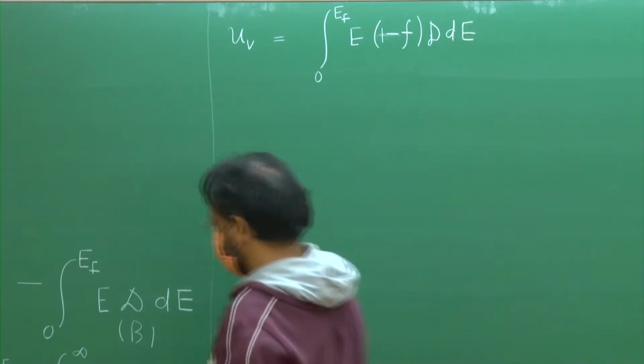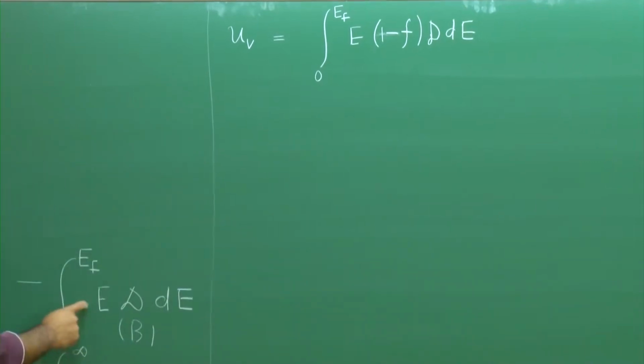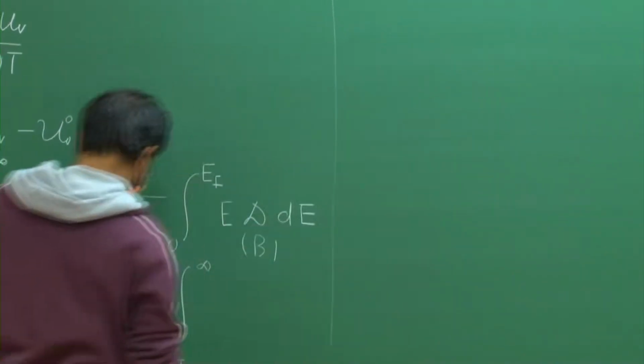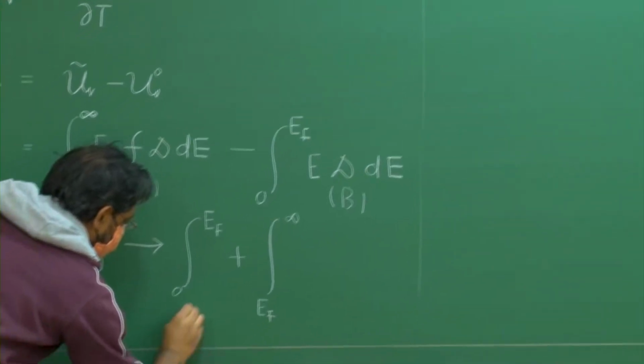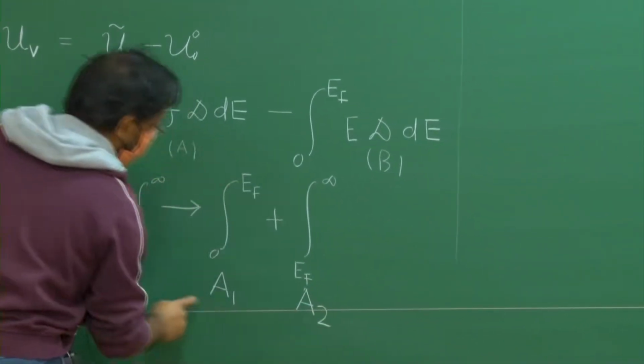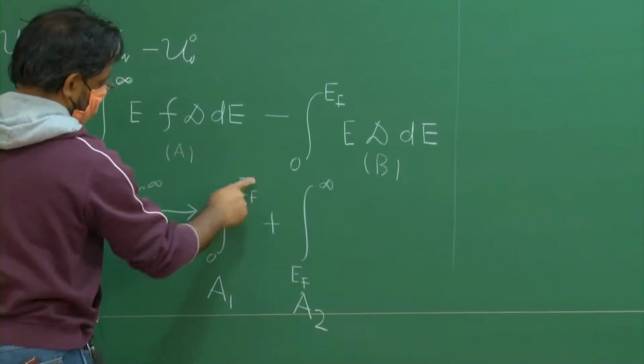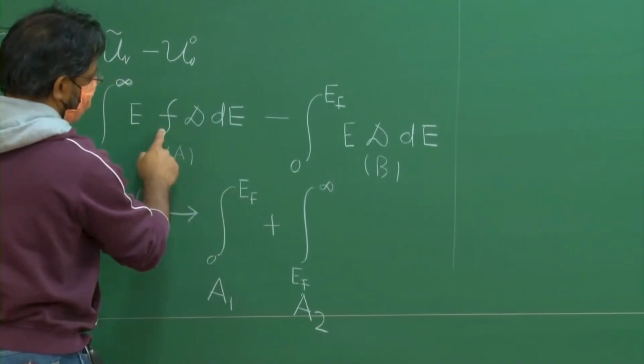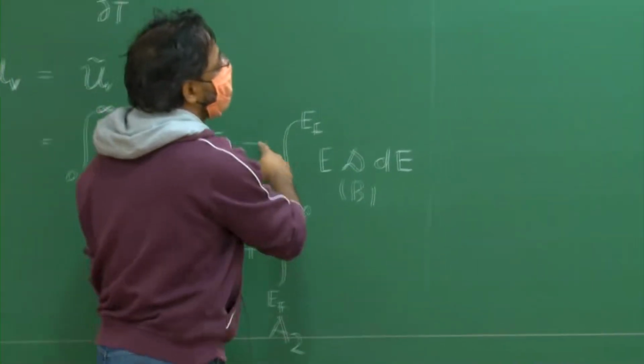That comes from this term, by merging the piece A1 with B. So, you get 0 to EF, and then you get F, and there was a minus sign over here.